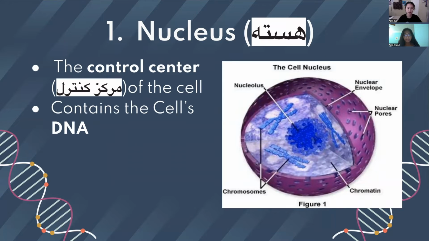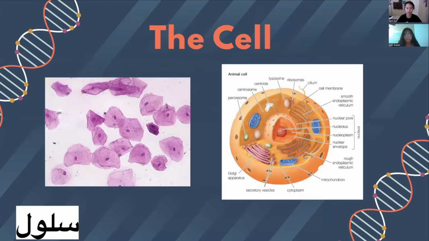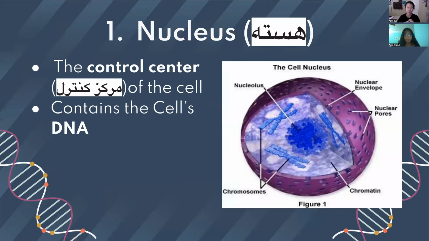So first we have the nucleus of the cell. And if you remember back a couple slides in the picture on the left, the little dot in the middle, the deep colored dot in the middle, that's the nucleus of the cell. And the nucleus, we like to call it the control center of the cell.